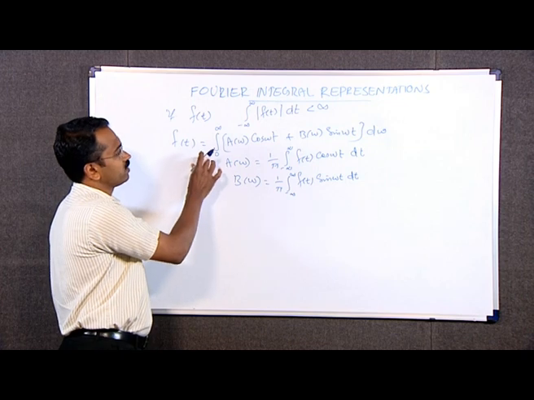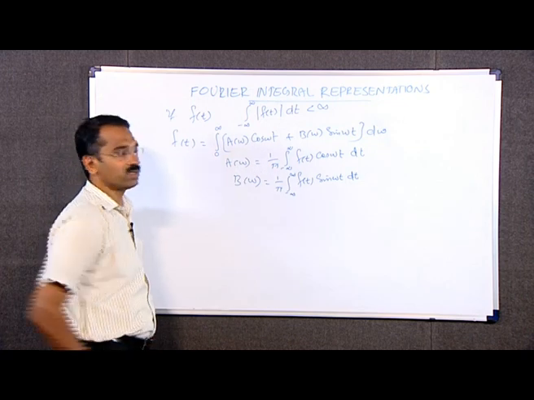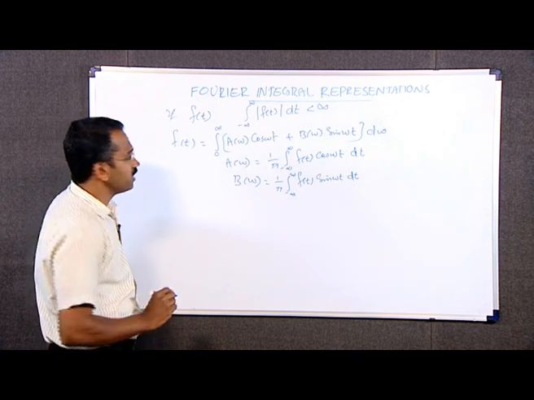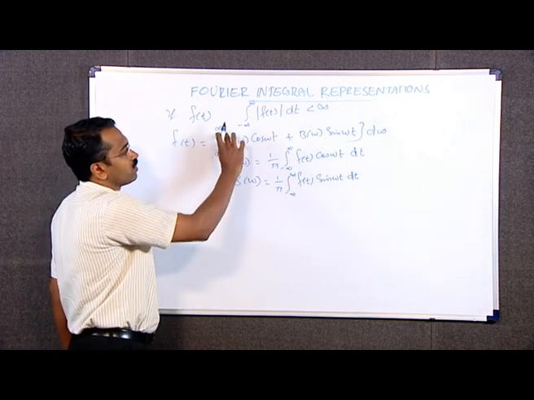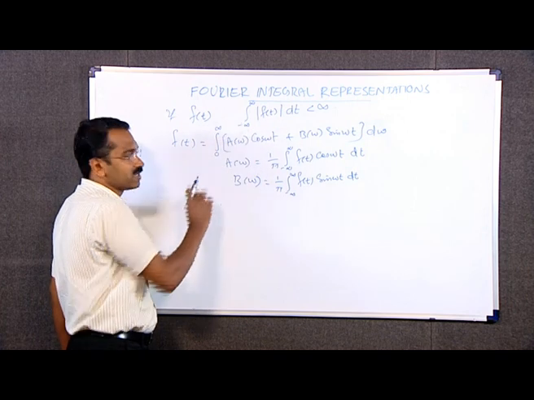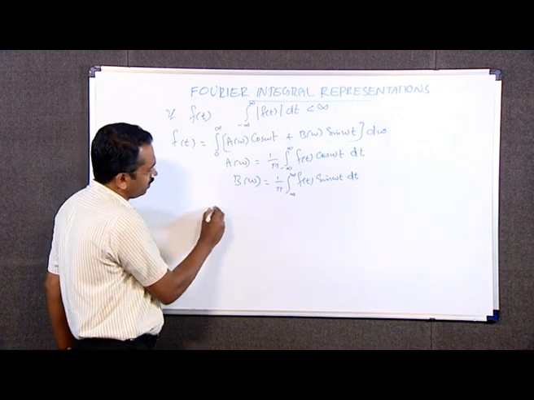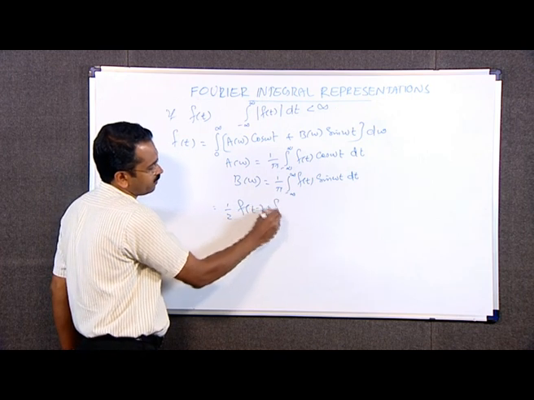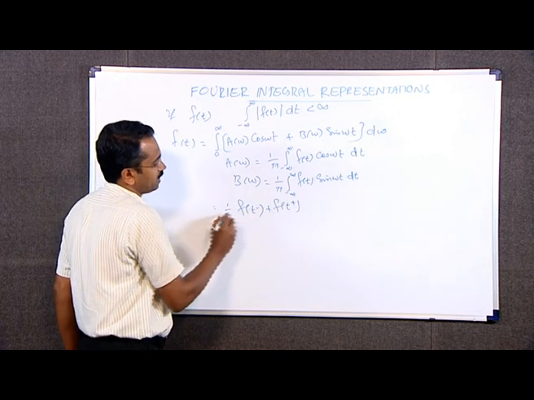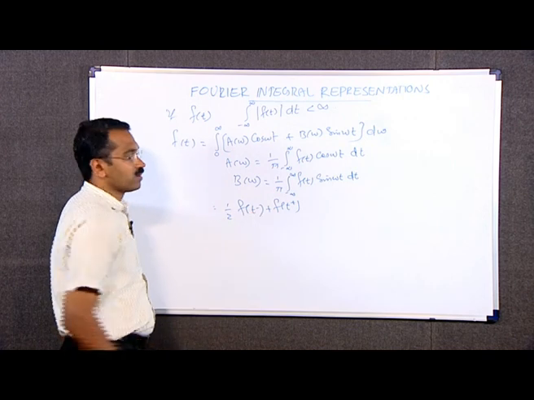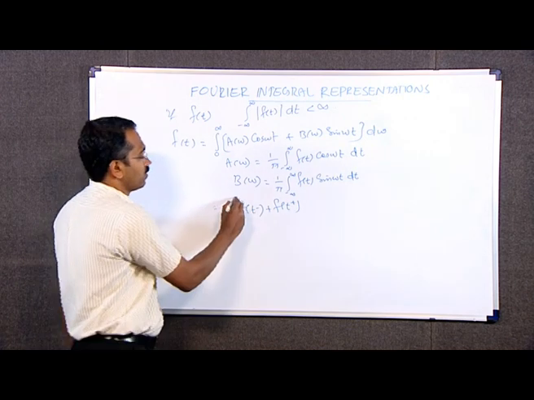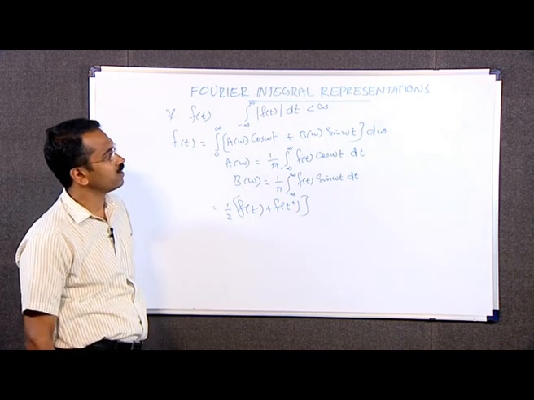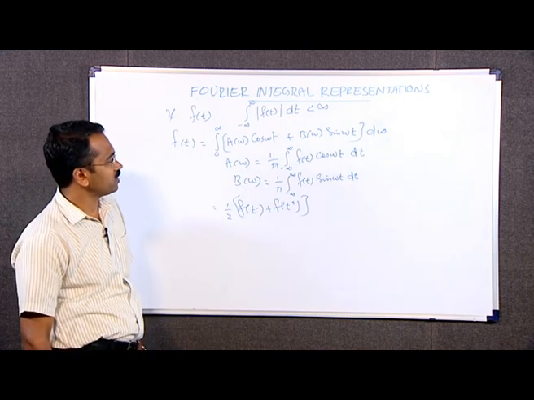We can write f of t as this integral. At the points of discontinuity, the value of this integral is the average of the left hand limit and the right hand limit at the corresponding point of discontinuity. This is the Fourier integral representation.